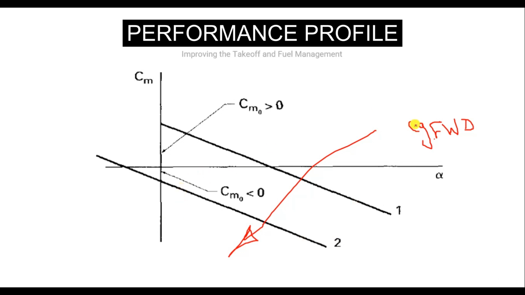CG forward, this is better aircraft stability. If I'm moving the CG alternate to forward, meaning aft, the aircraft will be less stable. But more CG aft means higher angle of attack, means higher lift coefficient, means less lift over drag, means better performance and less V2 and V1, and higher gradient.